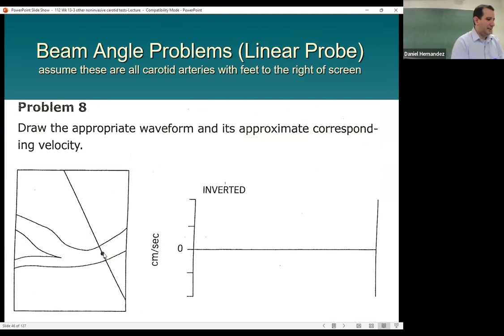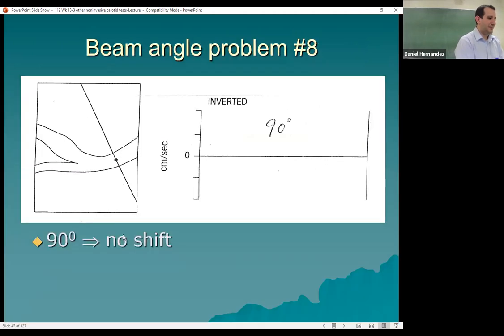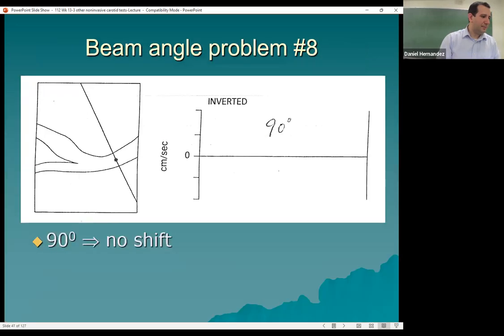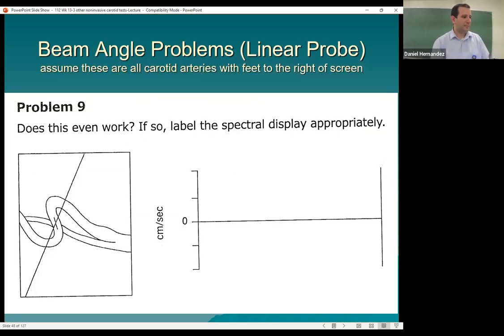So this one again, looks like we're 90 degrees to that vessel. So no shift. Does this even work?